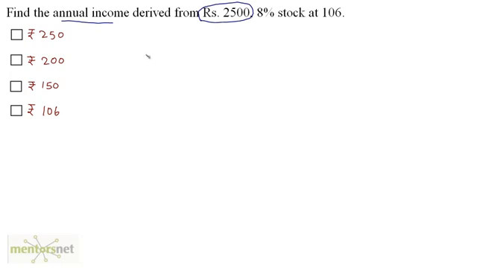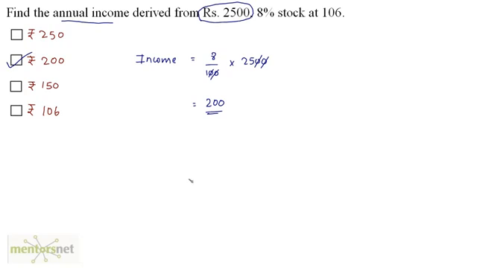So income will be equals to 8% of the face value, that's 8 by 100 times 2,500. Cancelling out the zeros, I get 25 times 8, and that is 200. So 200 rupees is the annual income obtained from 2,500 rupees.